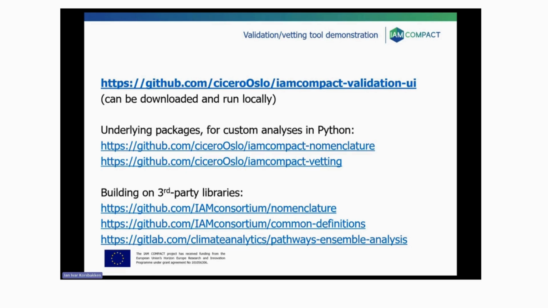And then another package called IAM COMPACT Vetting contains software that you can use to do various types of vetting, assess how your data fits with different kinds of criteria, where you can easily add, for example, the AR6 vetting criteria. It should be fairly easy to add the AR7 criteria when they come, unless they're totally crazy.